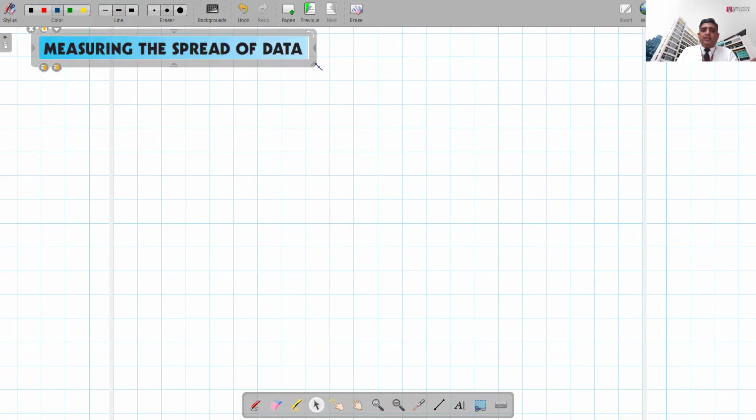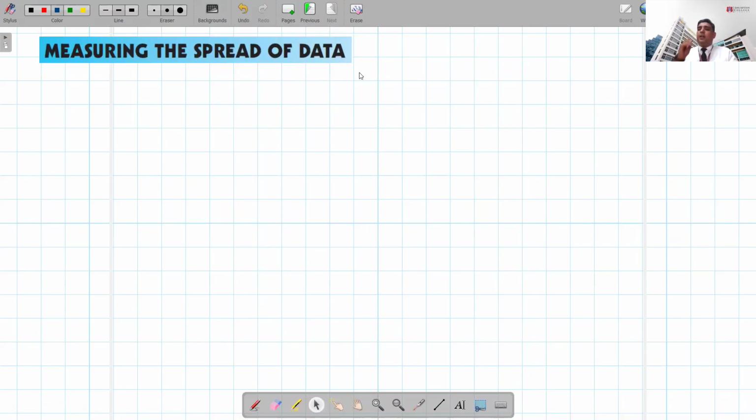There are other methods to measure the spread of data, which are range and interquartile range. This time, we are using a different parameter called standard deviation. Now, what is standard deviation and how to find standard deviation? That's what we are going to discuss.